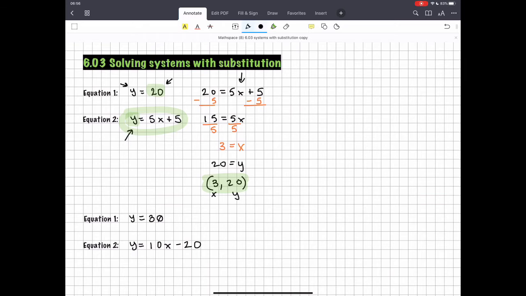Well, in equation 1, we said y equals 20. If I replace this y with the y value we have, I get 20 equals 20, which is true.